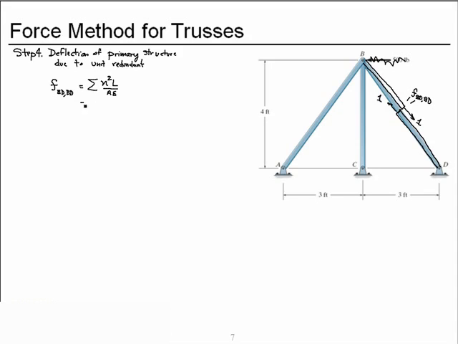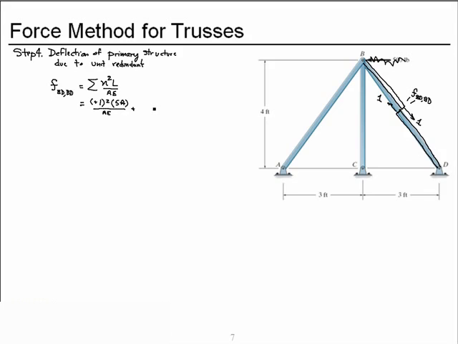And in the case of the structure drawn to our right, for member AB we had found that the normal force due to the virtual load was a +1. We'll square that. It's 5 feet long over AE.